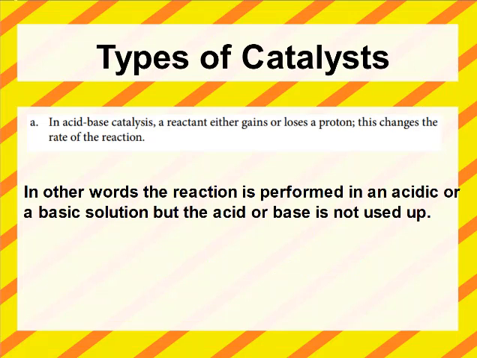So let's talk about some different types of catalysts. In acid-base catalysts, a reactant either gains or loses a proton, and that changes the rate of the reaction. In other words, the reaction is performed in an acidic or basic solution, but the acid or base is not used up.